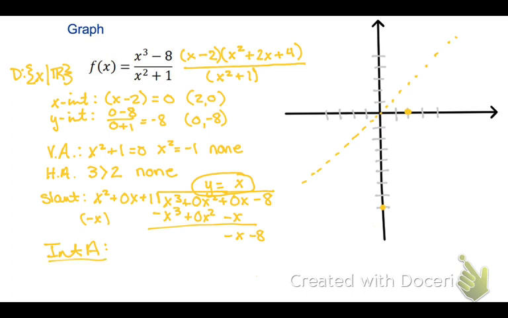So negative infinity to what? 2. Because x-intercepts and vertical asymptotes. 2 to what? Infinity.